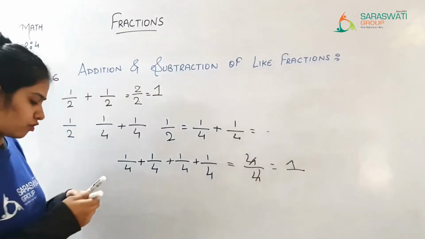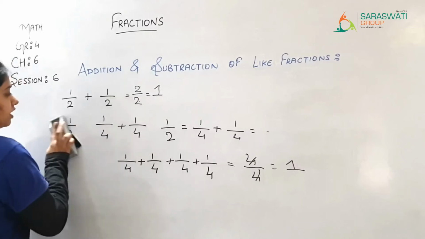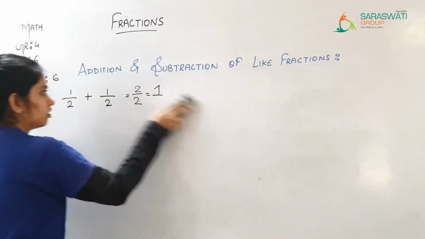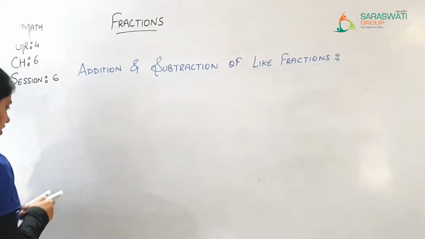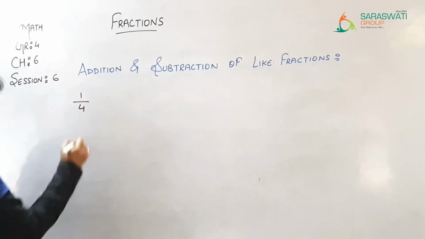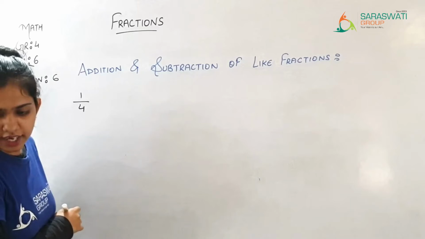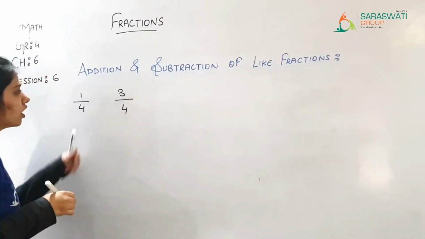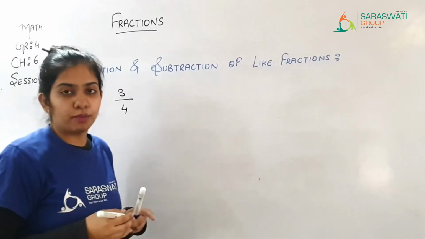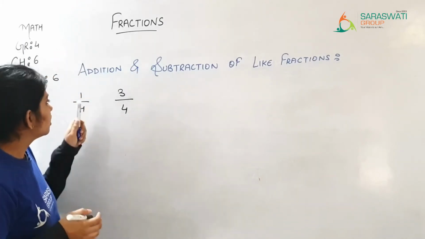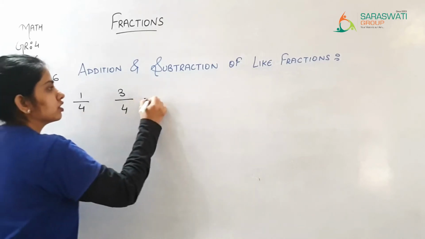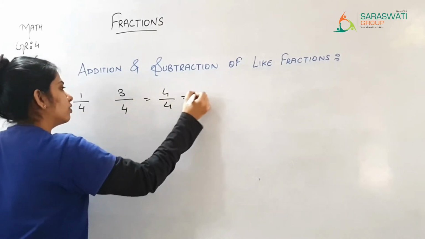Now the next equation is 1/4 and 3/4. So 3 plus 1 is 4, 4/4 equals 1.